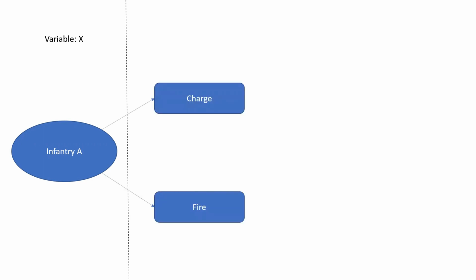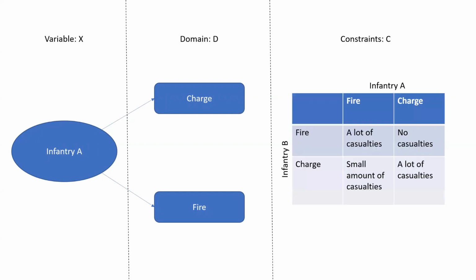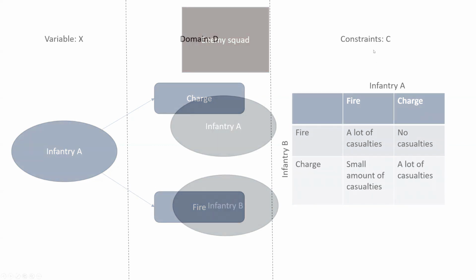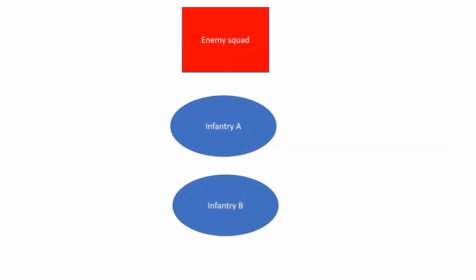This set of actions is called a domain, and we denote it D. Finally, in order to make the best decision, we must consult our constraints. We denote them C. To solve our problem, we need to choose an assignment for each variable from the variable's domain. Since we care to find a solution that is minimizing casualties, we are searching for an optimal solution, or at least striving for it.